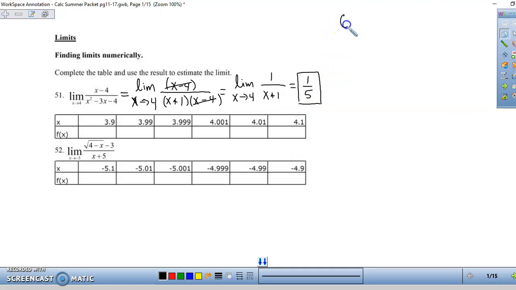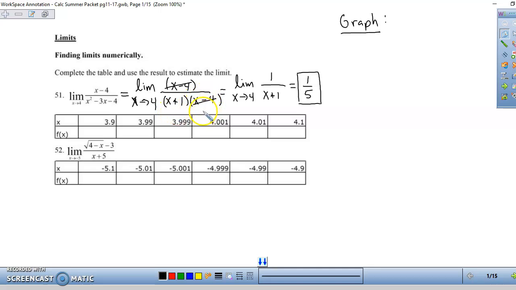Okay, so doing a graph of a rational function, there are lots and lots of things to think about. So thinking about the denominator being 0, those are called restrictions in your domain. So I would have a restriction in my domain at x equals -1 and x equals 4.